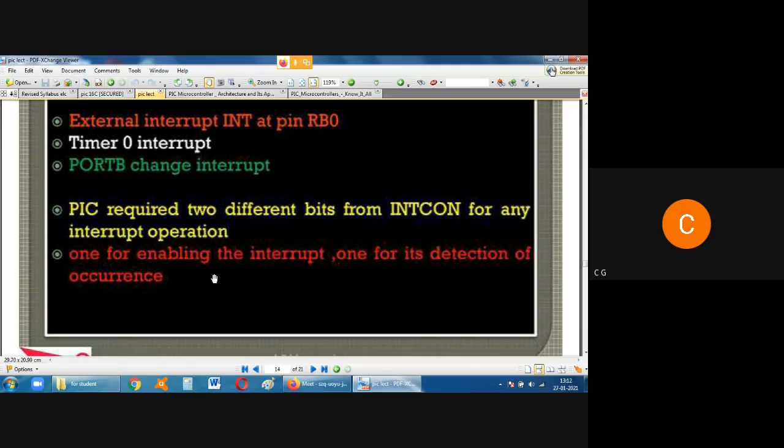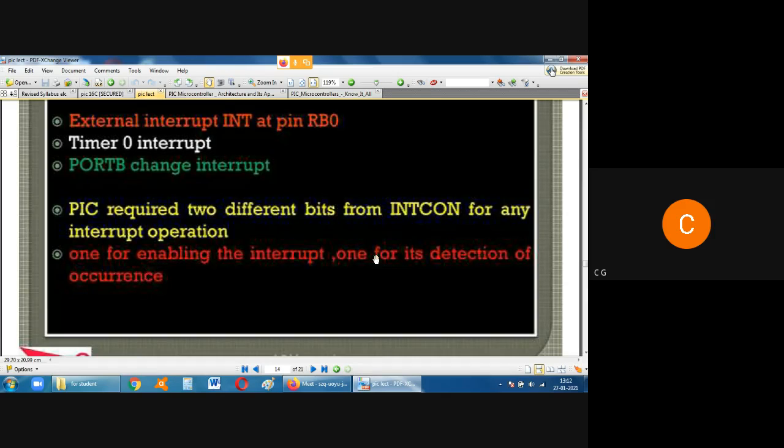Means what will happen if you disable the interrupt enable, and you just enable the detection of the occurrence, the CPU is not going to sense any interrupt. If you enable the interrupt and do not enable the detection of the occurrence, again the CPU is not going to sense.